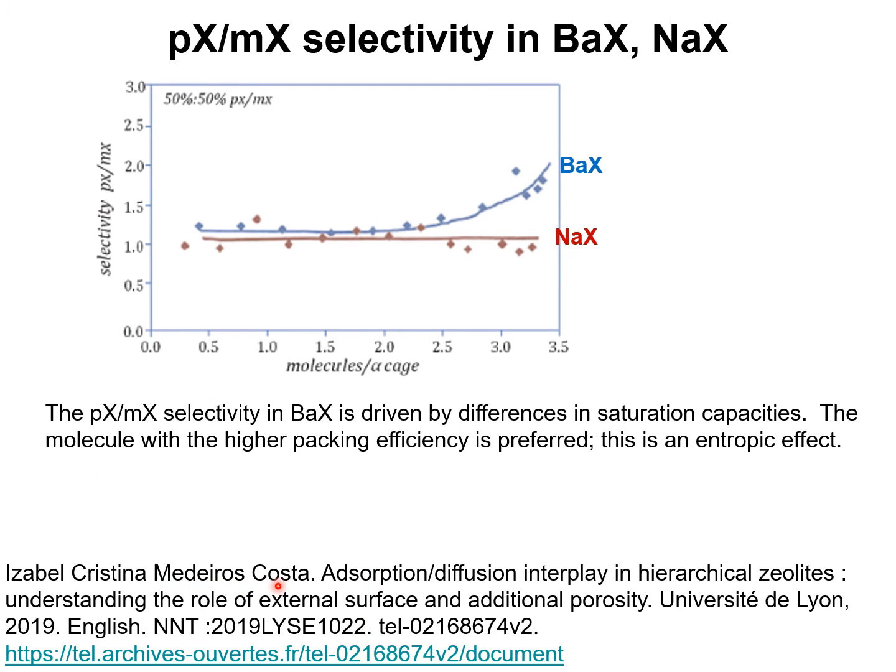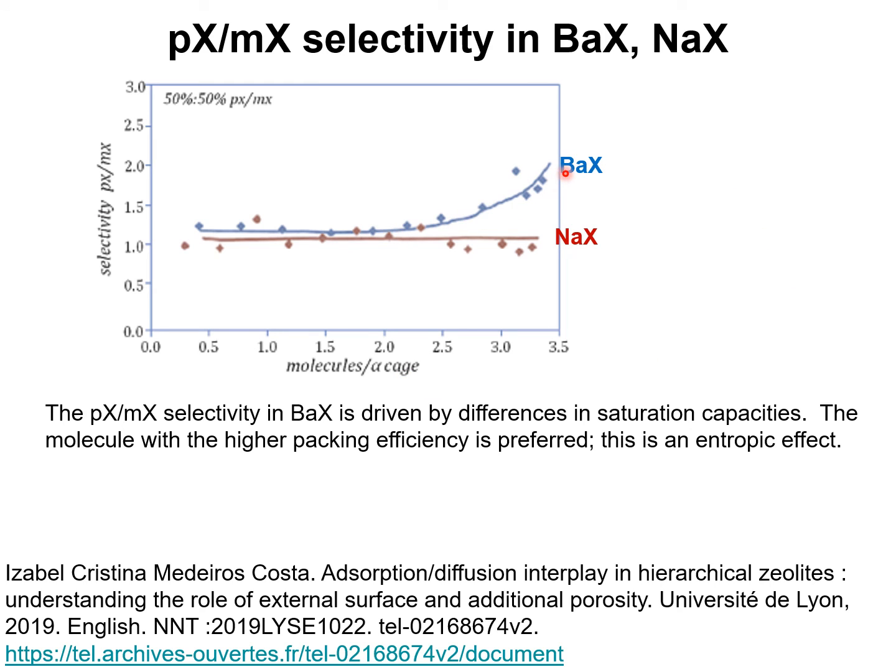The thesis of Costa contains an interesting and important graph showing the selectivity of paraxylene with respect to metaxylene as a function of the total loading per alpha cage of faujasite zeolites.